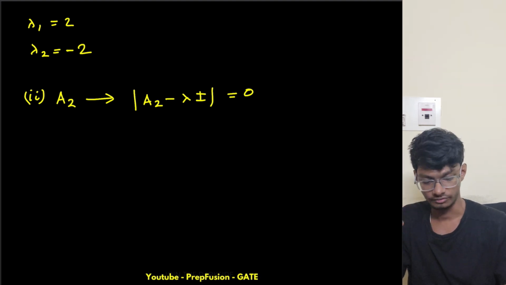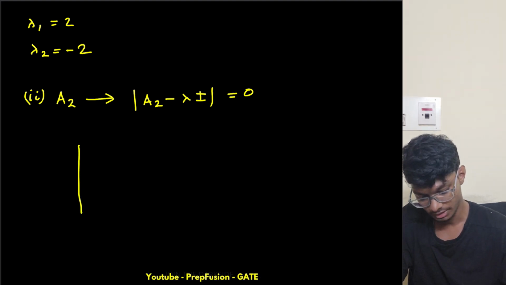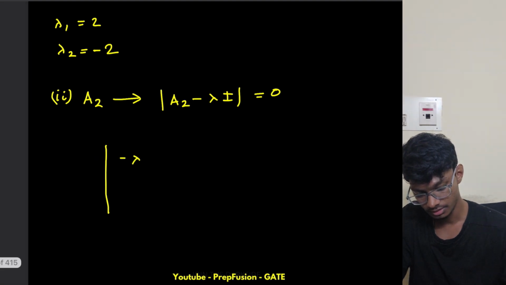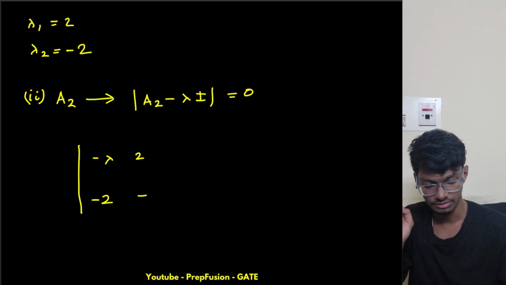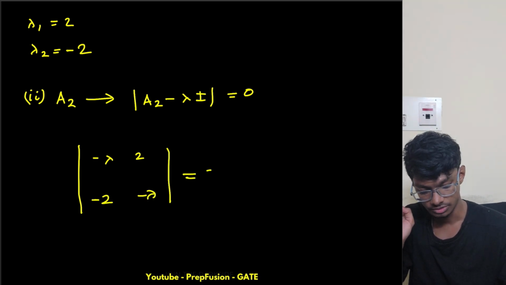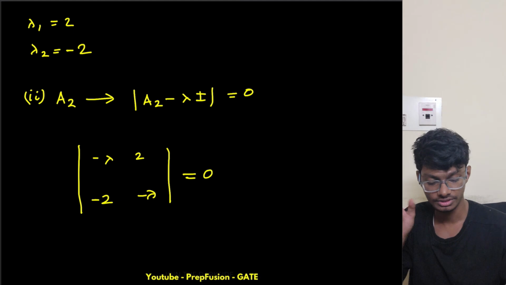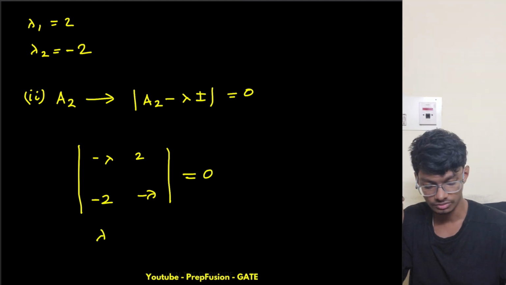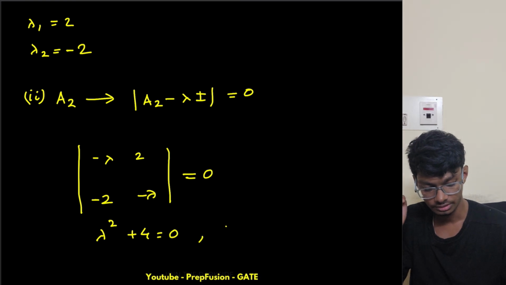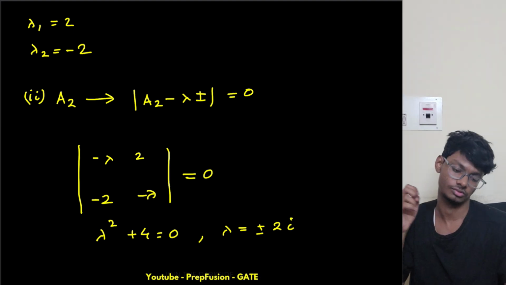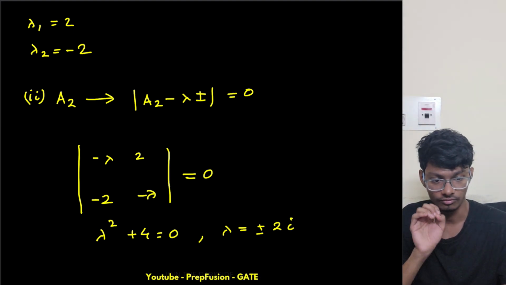If I solve this, I get minus lambda, 2, minus 2, minus lambda, equals 0. The equation I get now is lambda square plus 4 equals 0, and hence lambda equals plus minus 2i.